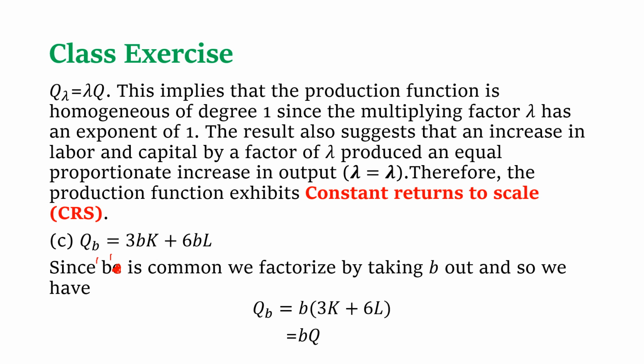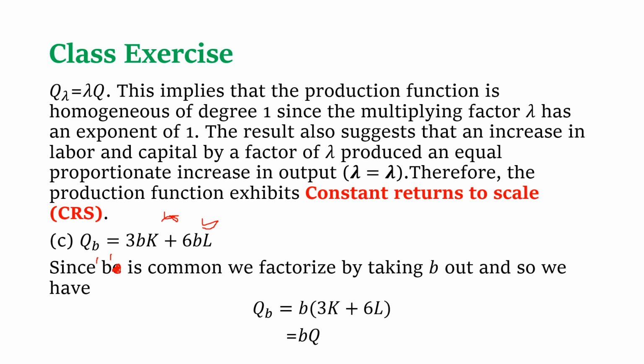BQ. Now again, we want to increase the inputs by a particular value, which is B, right? And then we do the same thing for the labor by B. Then we have 6BL and then 3BK. We take B out. We have B into 3K plus 6L.